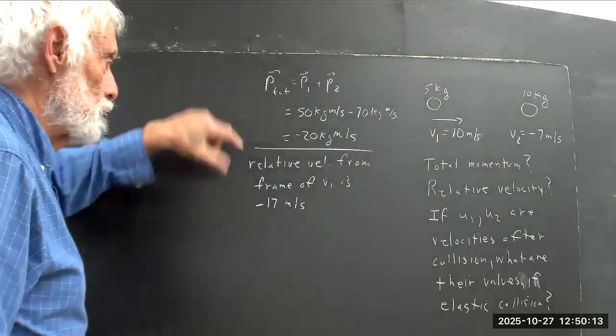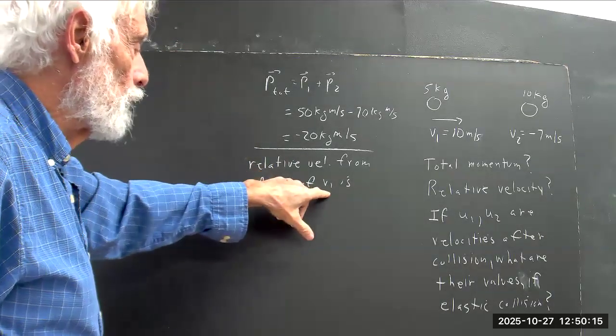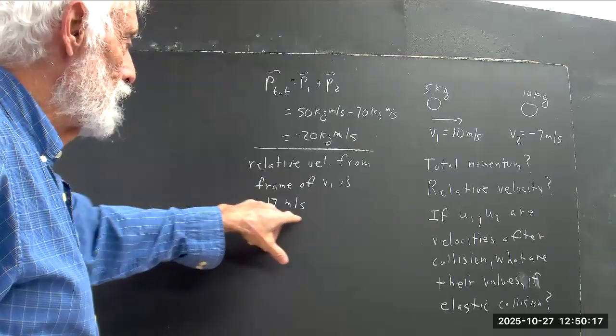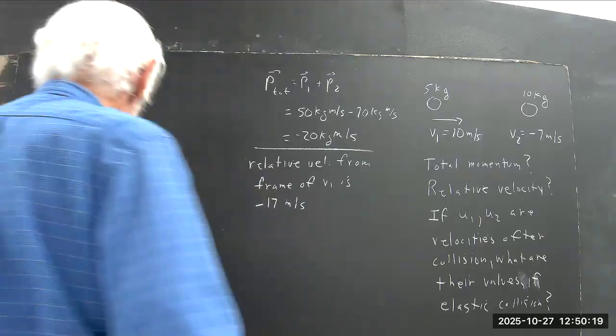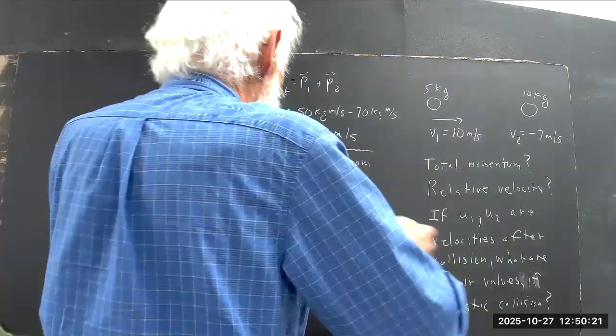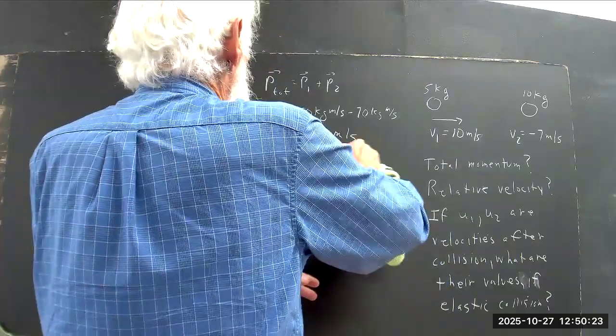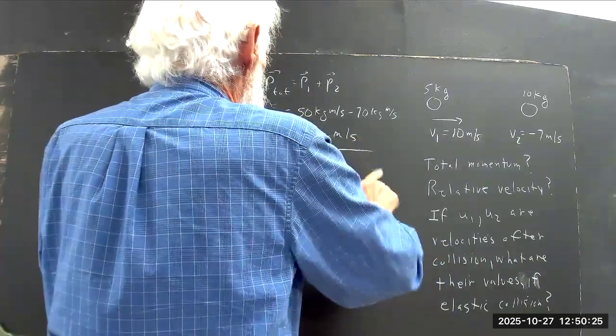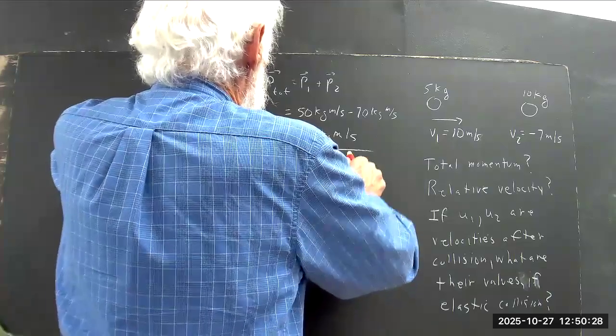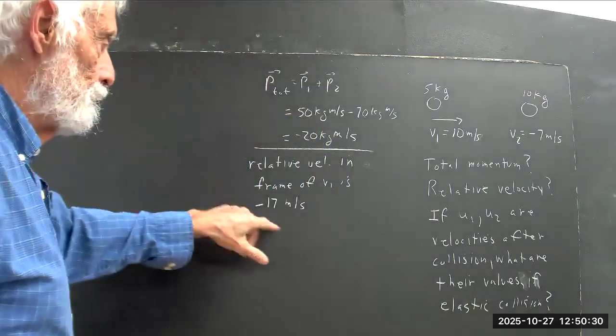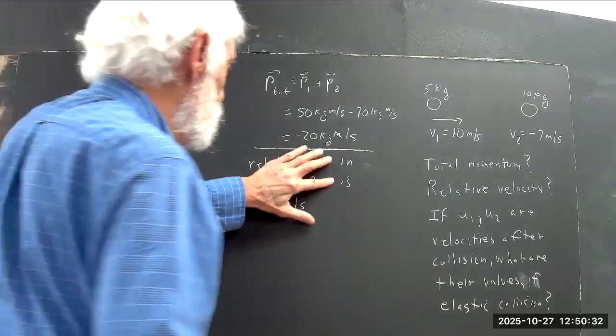For those reasons, the relative velocity from the frame of V1 is -17 meters per second. I really shouldn't even say from, I should just say in the frame of V1, of mass 1.